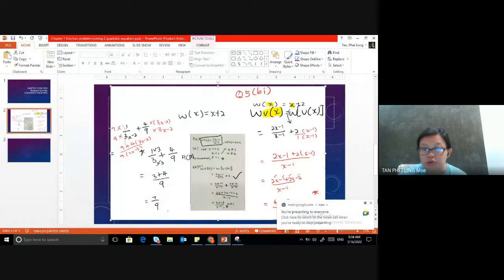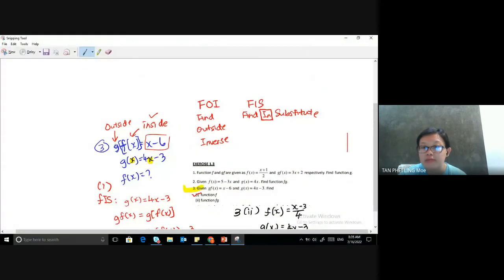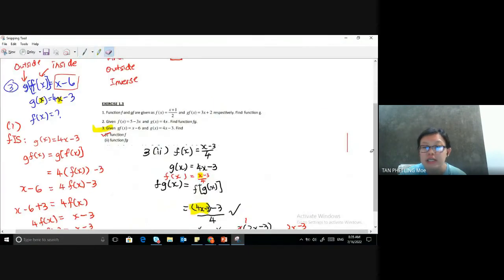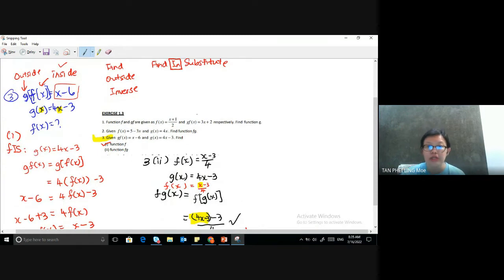Okay, so I want to continue a bit with this one, number 1, because question 1 is finding the outside one. Let's do it with the blue color pen. So question number 1 now. This one is quite a good one because it's the tough one.